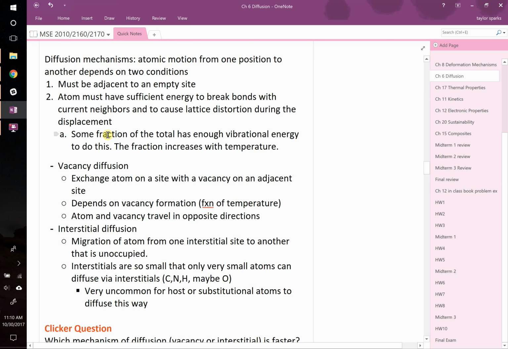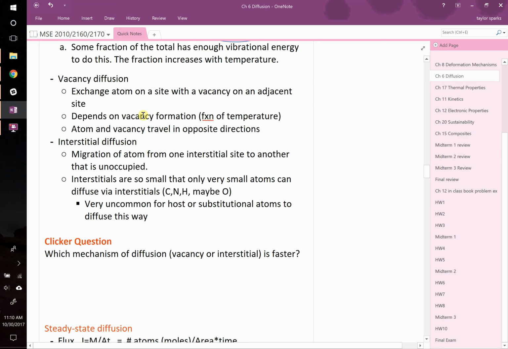Second condition is the atom must have sufficient energy to break the bonds with its current neighbors and cause a lattice distortion during displacement, right? And this is where the activation energy comes from. It requires activation energy. It takes a little bit of energy to break those bonds and to push atoms out of the way a little bit during the deformation, okay?